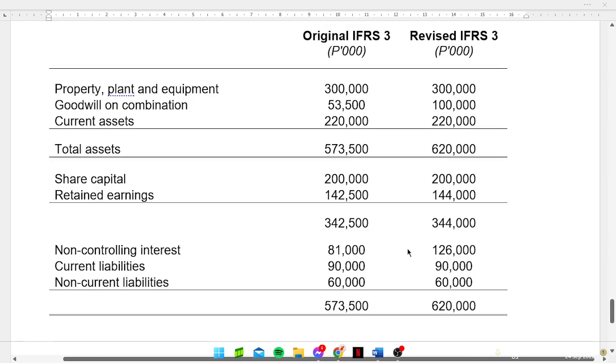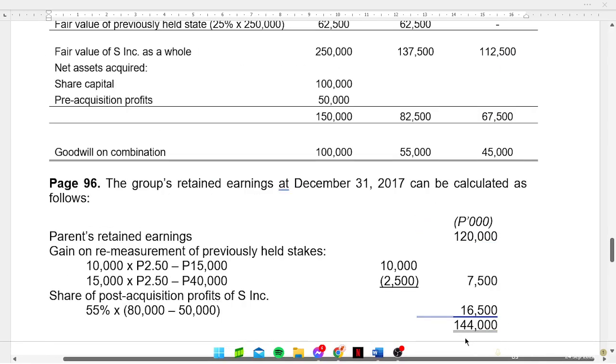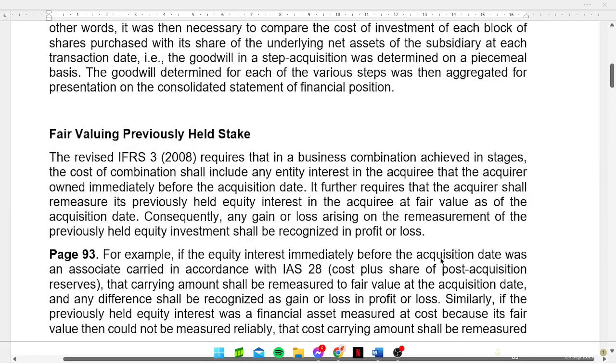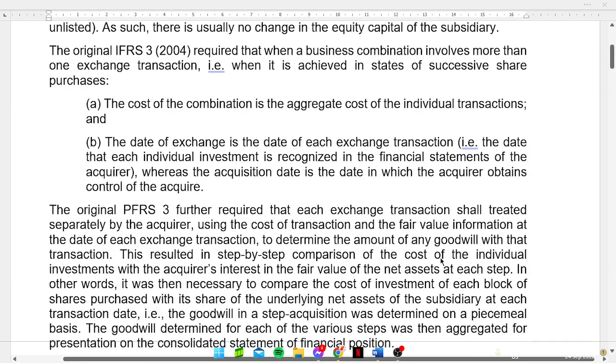Yung step acquisition, bago ka nagpakita sa amin ng mga tables and computations, may mga narrative paragraphs doon sa umpisa, no? Meron yung sinabi mo sa fair valuing previously held stake.